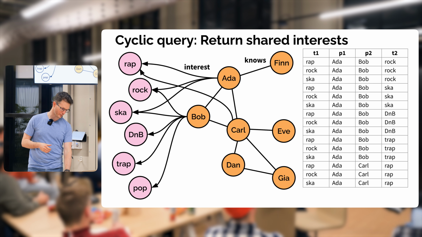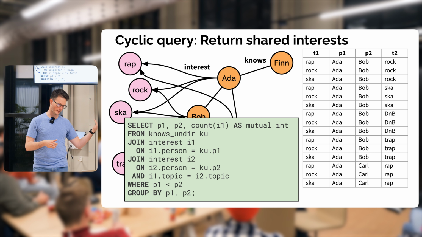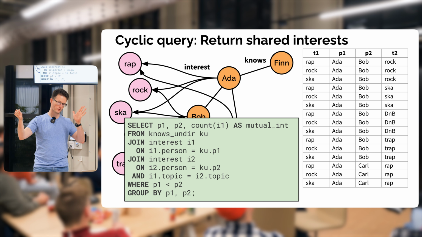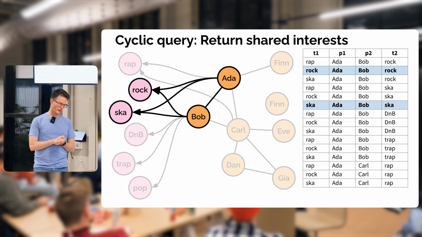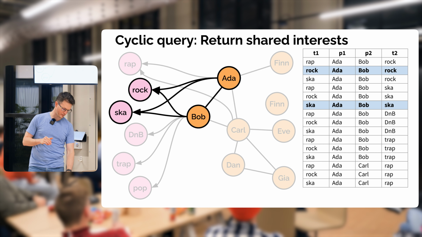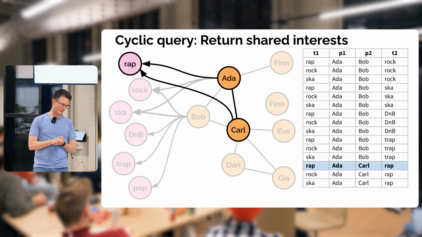So if we say we want shared interest, we can run a query like this. We do the knows edge, one interest edge, another interest edge, and then we intersect them in the middle. So you can see that we have, for example, Ada and Bob having 2 shared interests, and Ada and Carl having 1 shared interest. So this doesn't seem that difficult computationally.